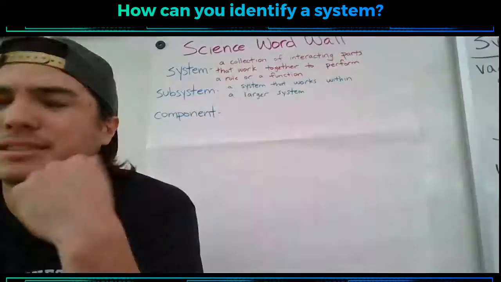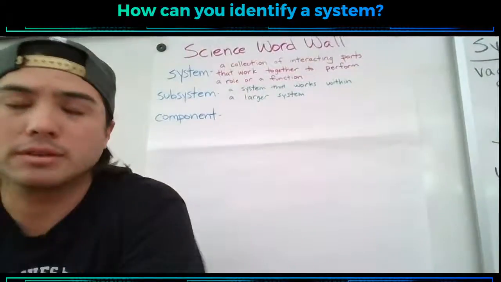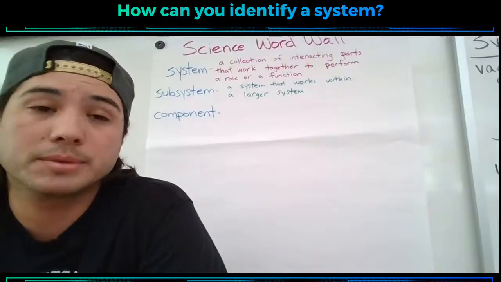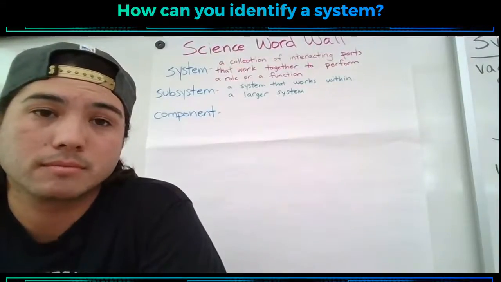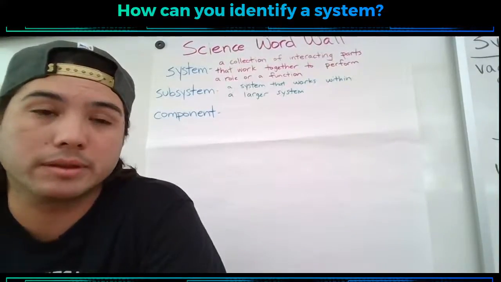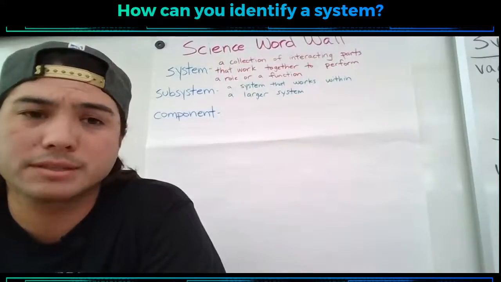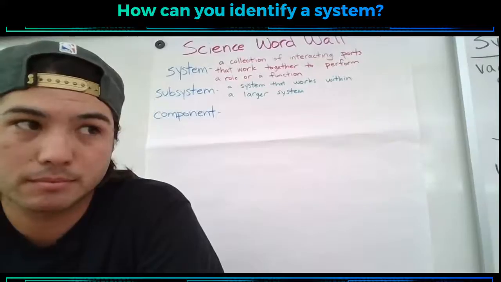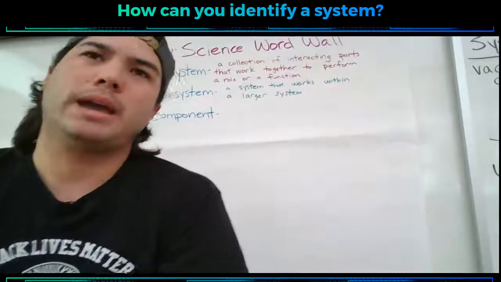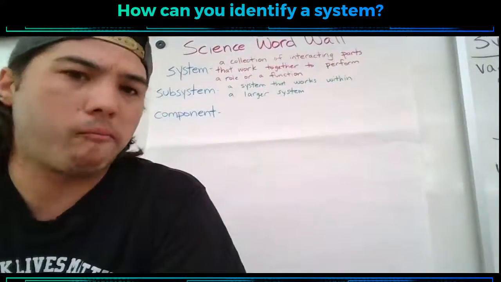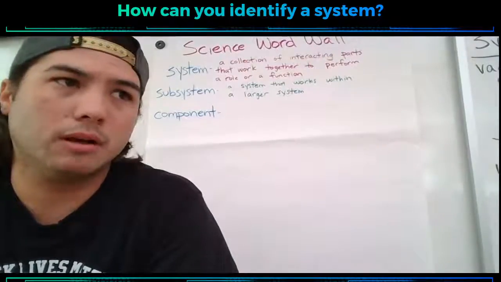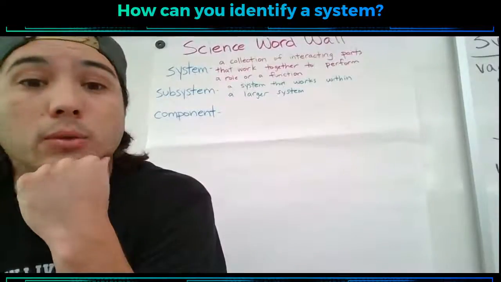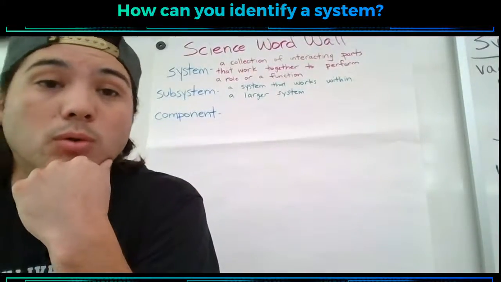In that system of BART, of Bay Area Rapid Transit, there are subsystems. Okay? And a great example, and the easiest example of a subsystem, would be the BART trains themselves. Okay? Thinking about a BART train itself, it is a collection of interacting parts that work together to perform a role or a function.